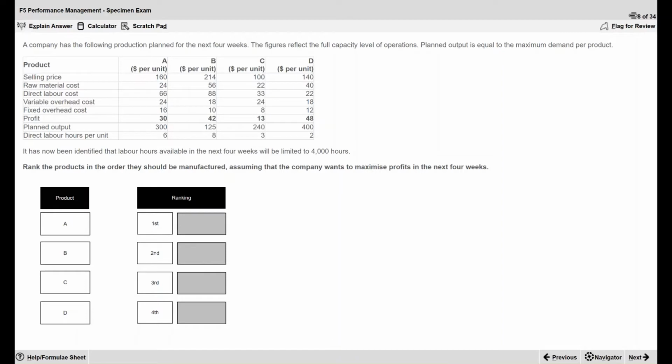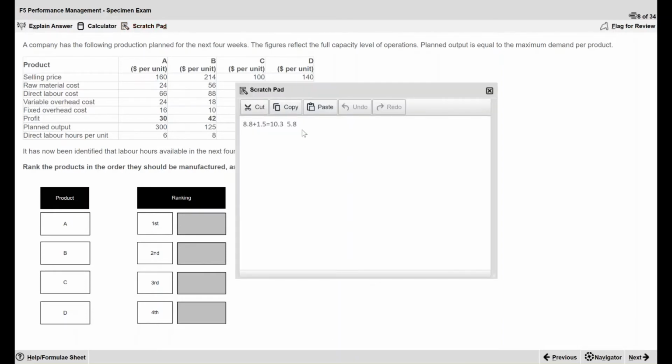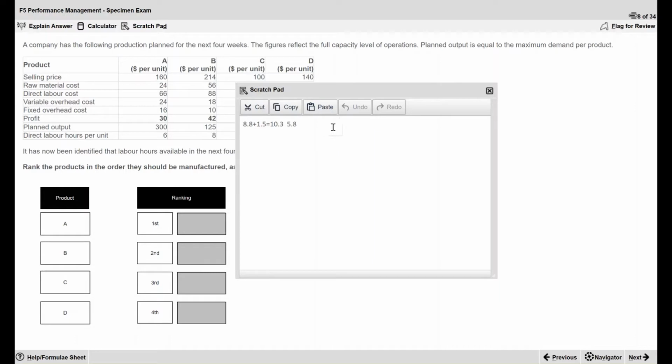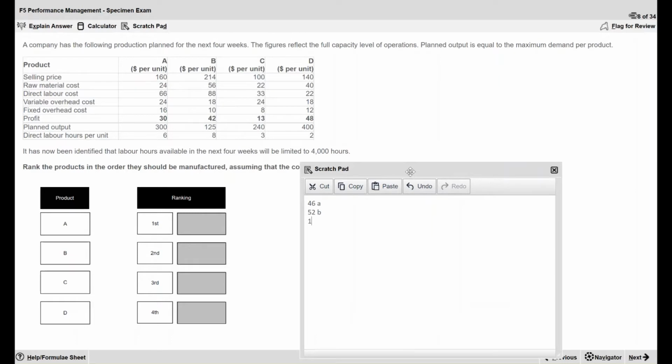So here we have 30 plus 16, which becomes 46 for product A. 10 plus 42 becomes 52 for product B. 13 plus 8 becomes 21 for product C. And 12 plus 48 becomes 60 for product D. If we only look at the contribution per unit, we would choose D, then B, then A, and then C.